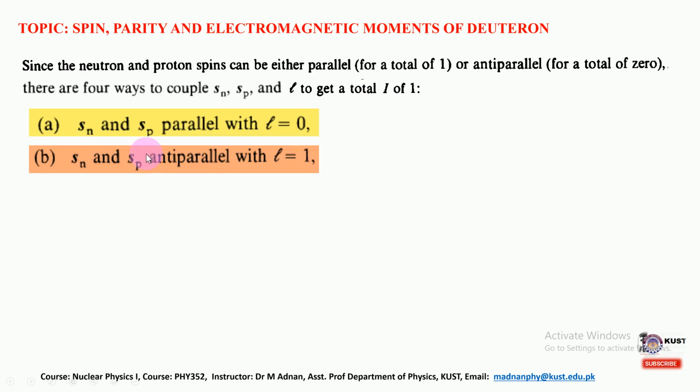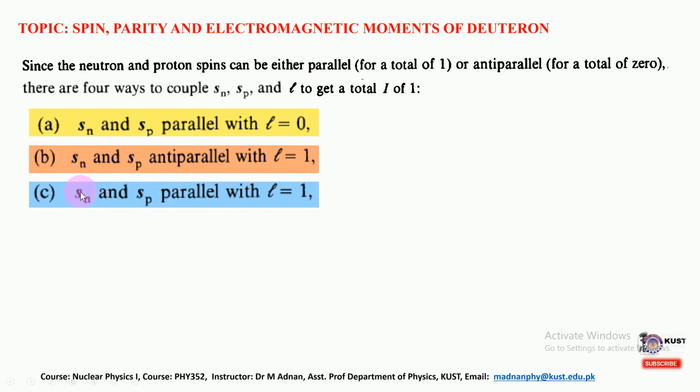Since we are just discussing these possibilities, we will then conclude which one is not possible and why it is not possible. So the third possibility is that the two intrinsic momenta, or we can say the spins, are parallel such that it gives you 1 and L equal to 1.